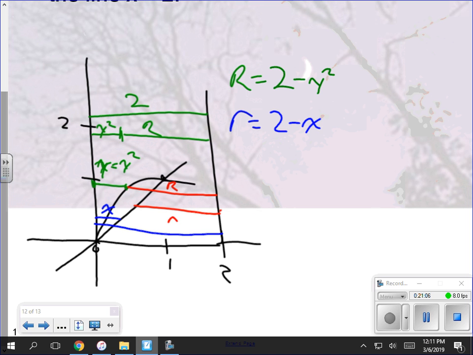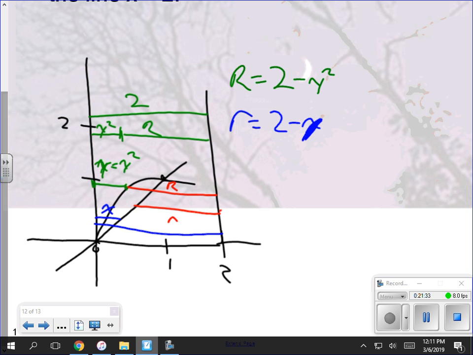Sorry, 2 minus y. My bad. 2 minus y. Well, it is technically x as well because x and y are equal. Technically. But that would be bad. It's important if your axis of rotation is off the center to make these appropriate adjustments.